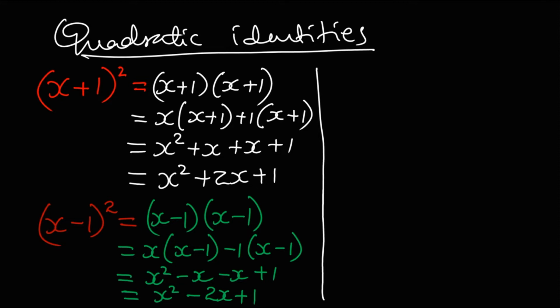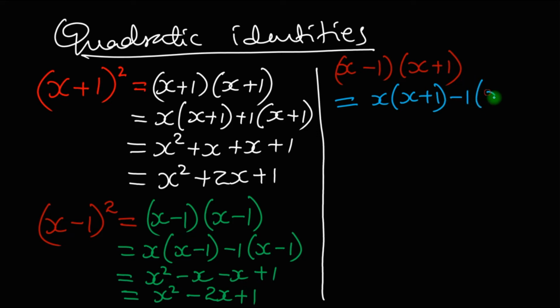And finally, we can have the other one, which is x minus 1 multiplied by x plus 1. So in the expanded form, this will be x multiplied by x plus 1, minus 1 multiplied by x plus 1.